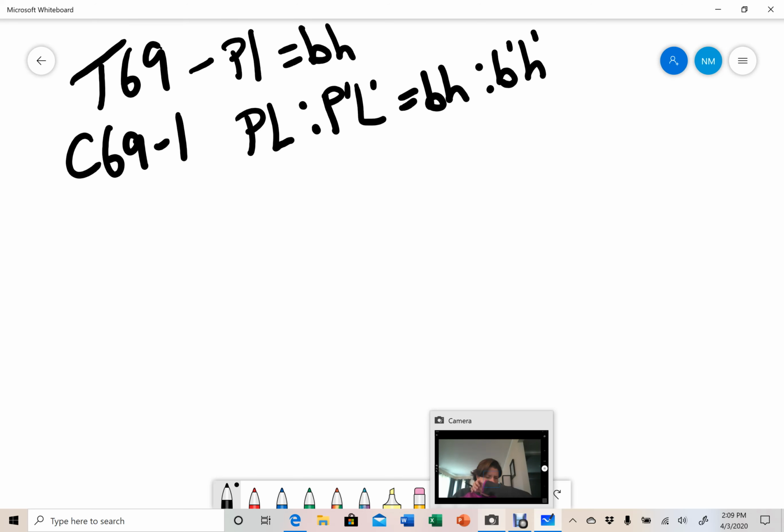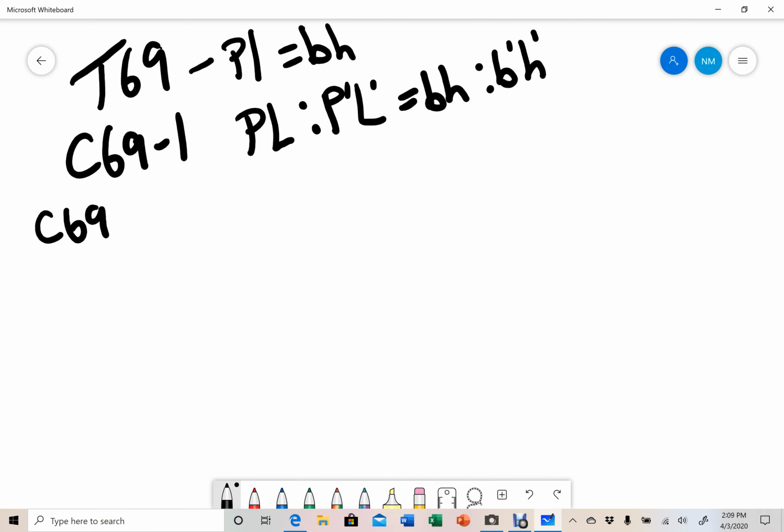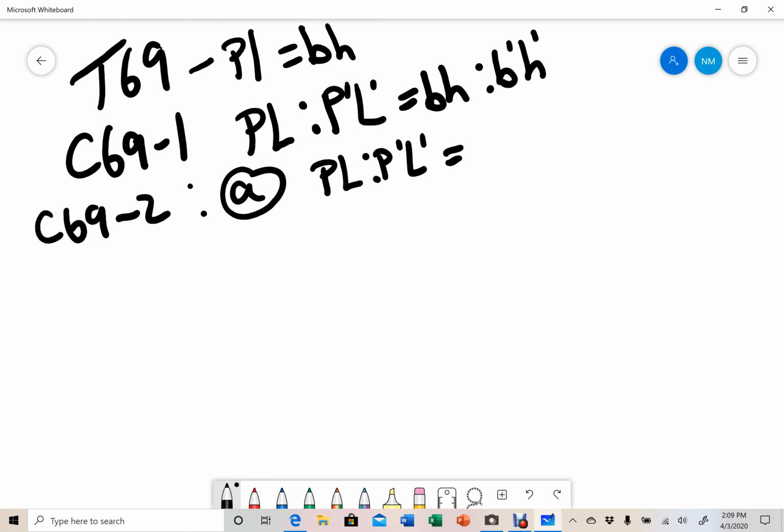So we have corollary 69-2, and then we're going to have A. A is going to be parallelogram to parallelogram is equal to, let's see, the first one was altitude. So we've got A to A. And then we have the B part of that, and instead of altitudes, we're looking at bases.